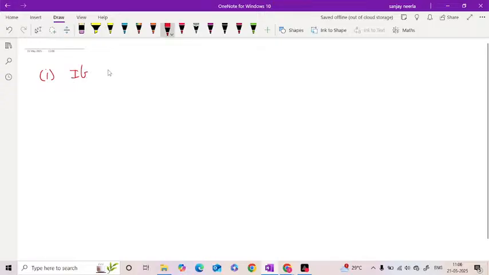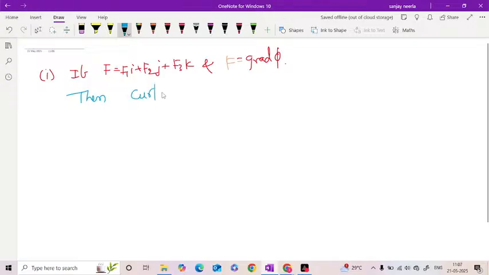If F is f1 i plus f2 j plus f3 k and F is equal to the gradient of phi, then the curl of F must be 0.